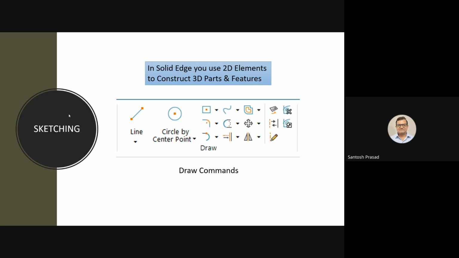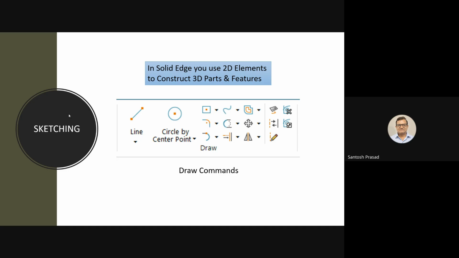Maybe you create a block and extrude it by giving some thickness, and later you want to add a hole, or a chamfer, or many other features. Then you can keep adding on that block.